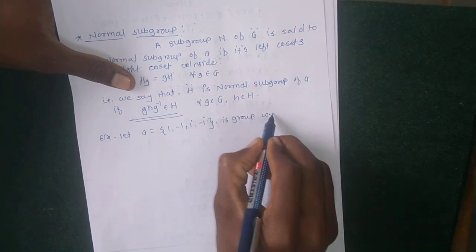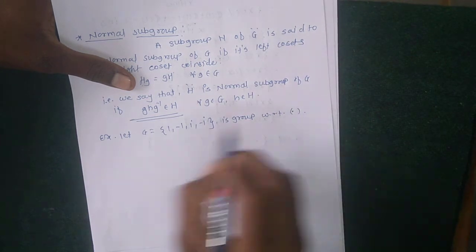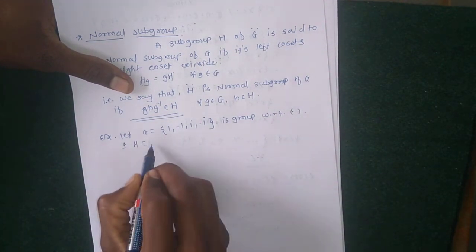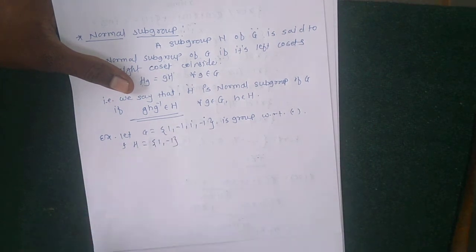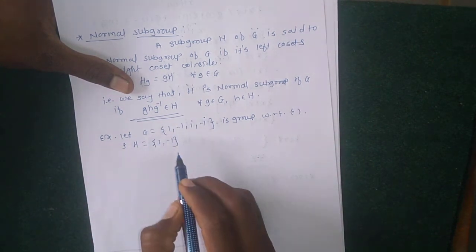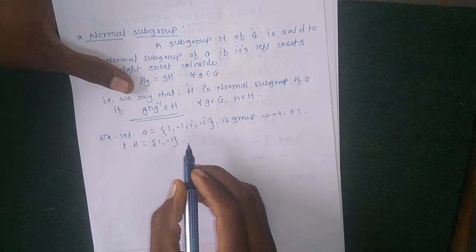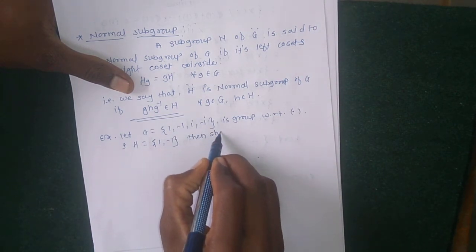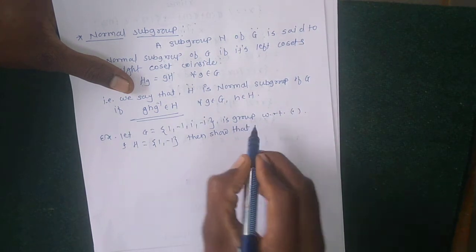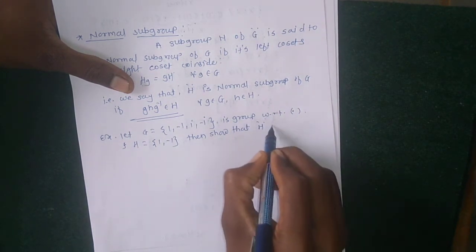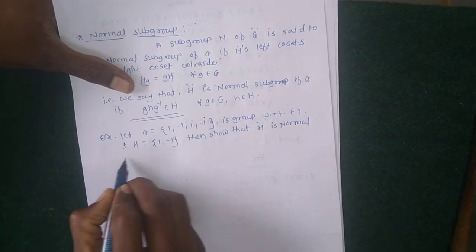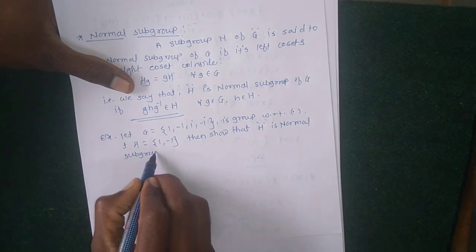This is a subgroup of G. Then show that H is a normal subgroup of G.